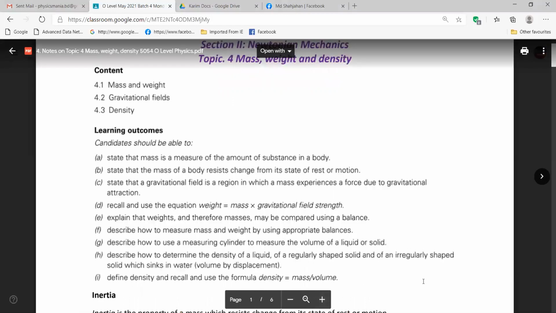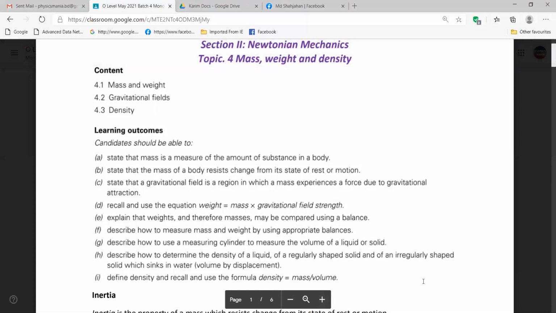C. State that a gravitational field is a region in which a mass experiences a force due to gravitational attraction. Yeah, continue. D. Recall and use the equation weight is equal to mass times gravitational field strength.